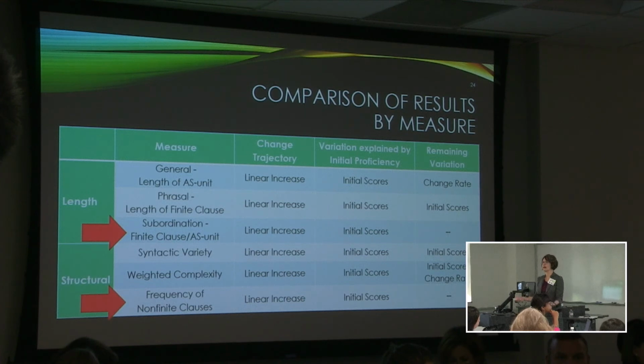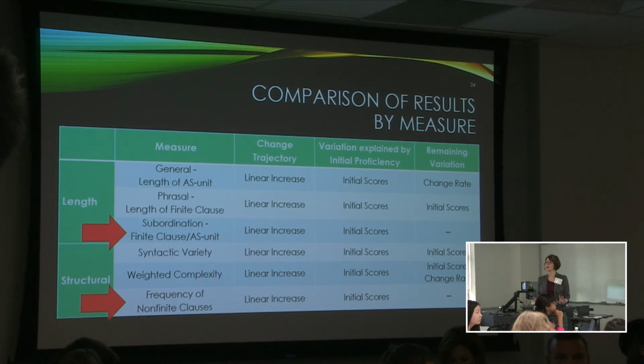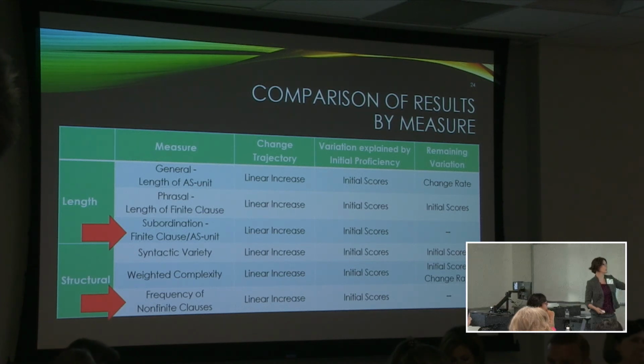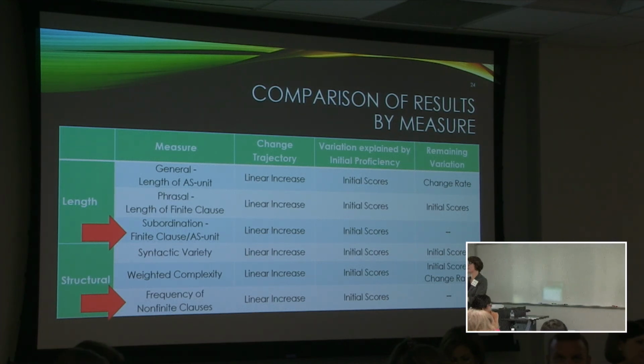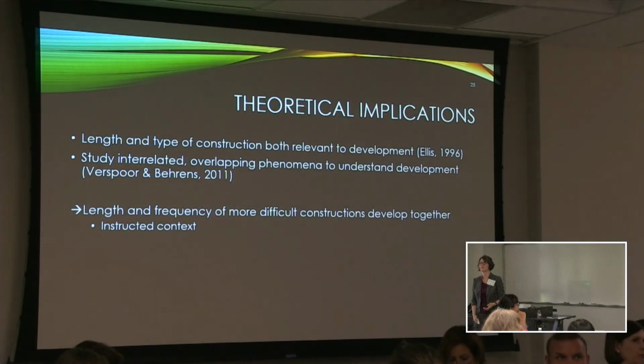This isn't a side effect of the math because finite clauses, of course, are finite, and they're increasing the number of those types of clauses and increasing the number of non-finite clauses. They're adding both at the same time as they're going through the instructed program.